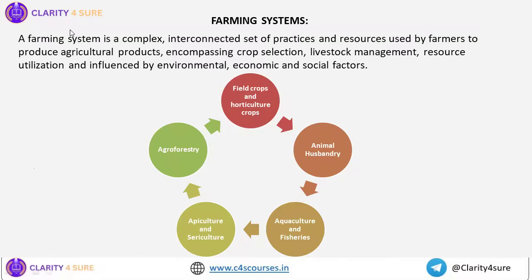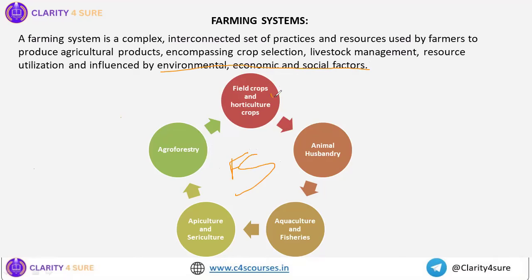Okay, so when you talk about farming systems, you can see from the definition that I've mentioned here: it is a complex interconnected set of practices and resources used by farmers to produce agricultural products, encompassing crop selection, livestock management, and resource utilization, influenced by the environment, economic, and social factors. So when we talk about farming system, it incorporates all these components.